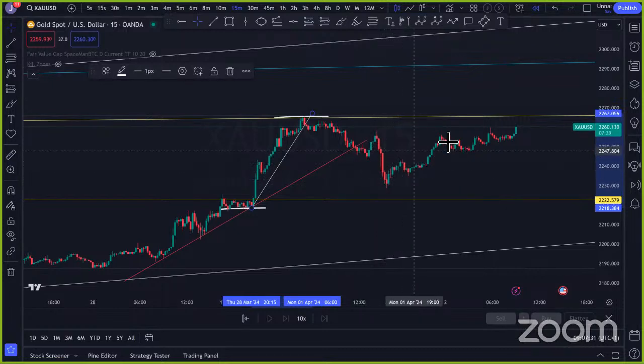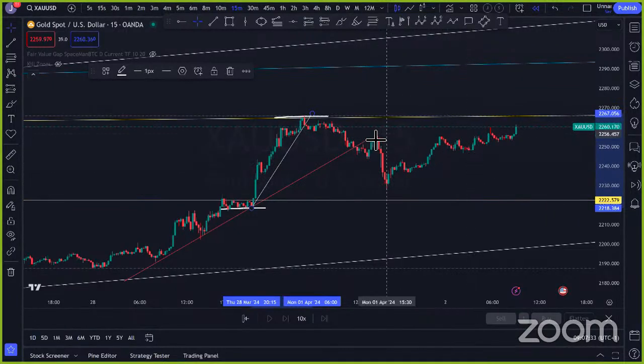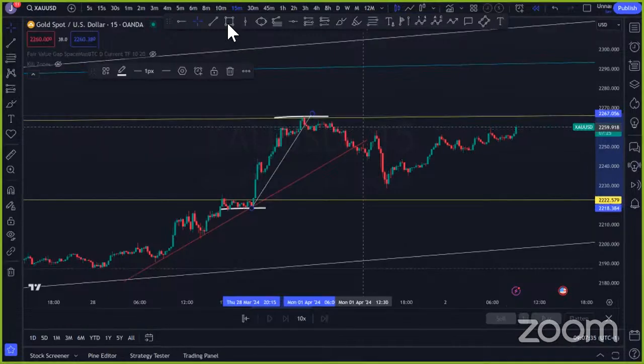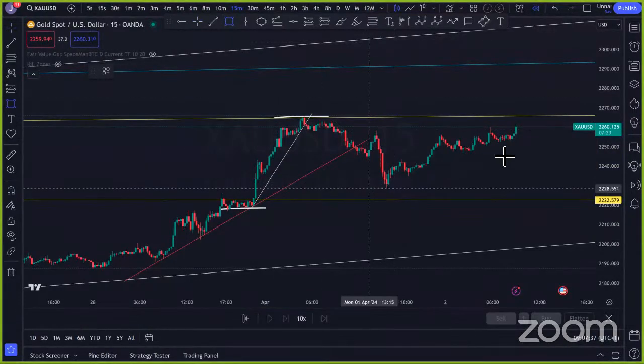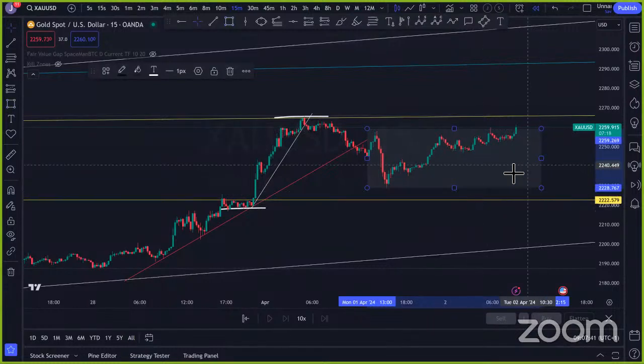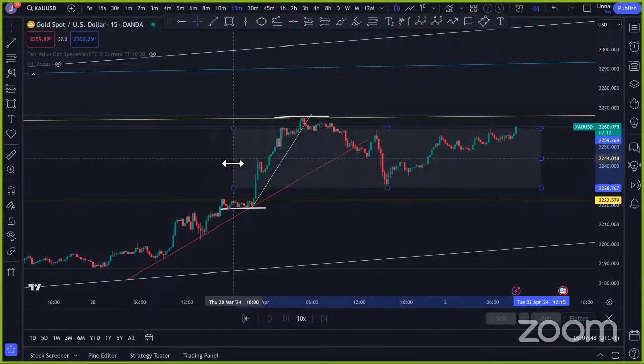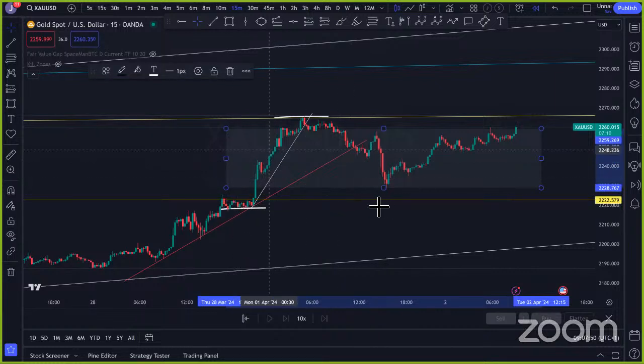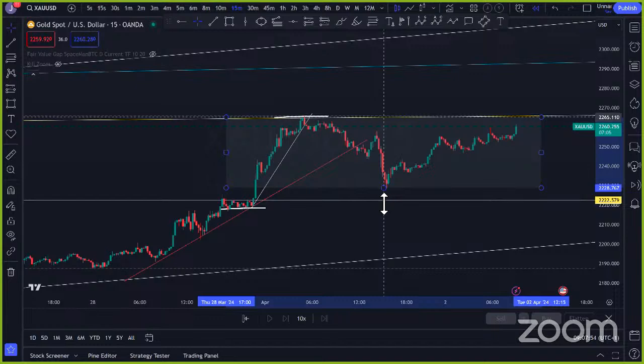So ultimately, what the market is doing on a smaller time frame is marking about in this little box here, looking like it wants to break above it, but ultimately, as I mentioned, kind of going sideways in this little area here, which is above this high and down here, this low here. Obviously, I could put it down a bit more, but either way, it's kind of in here.